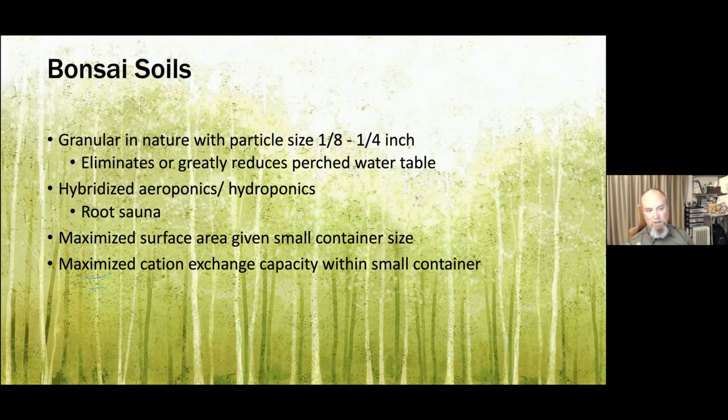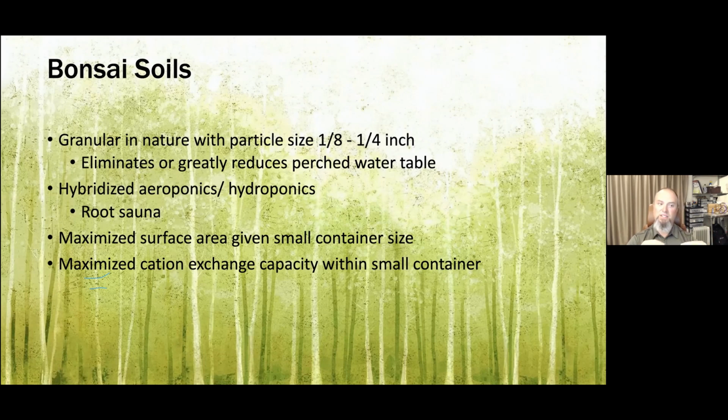And again, that's that root sauna we talked about, where the roots are just in that nice 100% humidity, and they can grab a sip of water off the closest bonsai soil particle at any time. So by using highly porous materials, you're maximizing the given surface area in the container, because again, for bonsai design, our containers are small in nature.